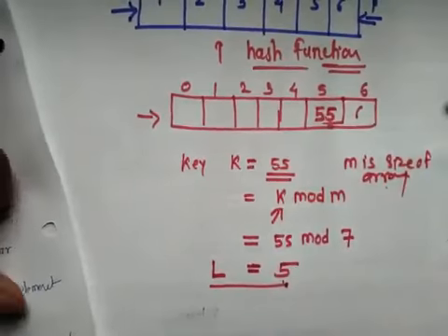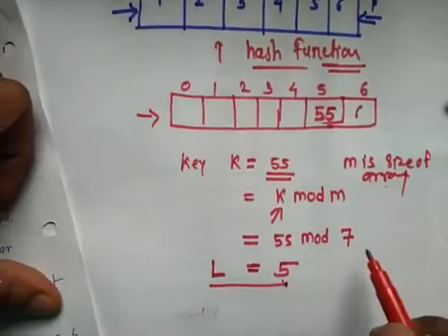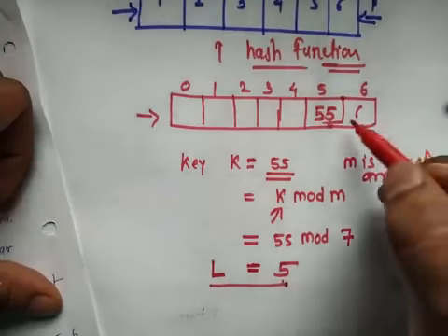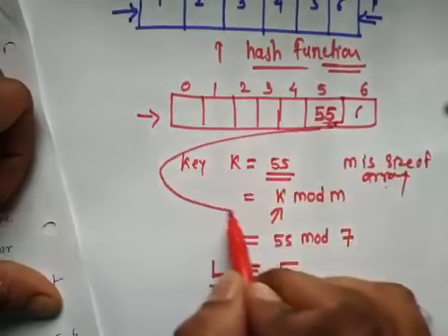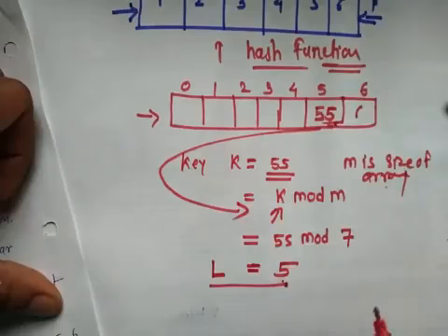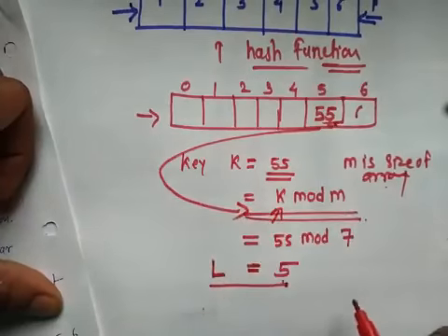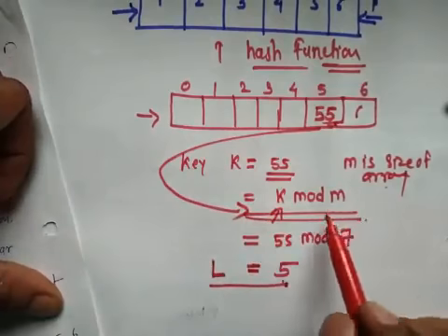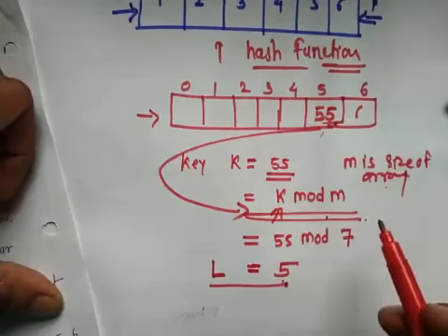When we want to retrieve this value, we are going to use the same hash function to retrieve or search that value. So that gives an efficient result.